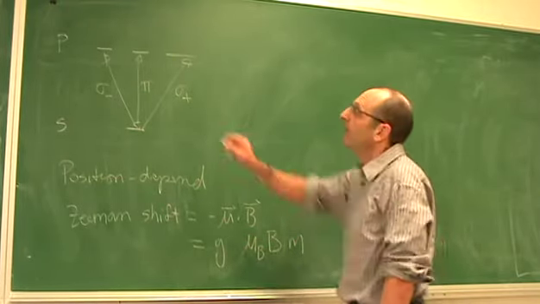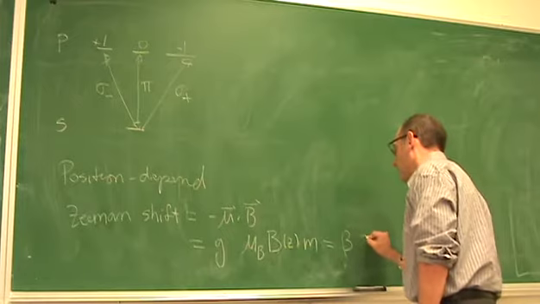Okay? In this case, for this simple picture of an S to P transition, we have 3 different values of M. And let's let this magnetic field be a function of position. We call it the Z direction. So I'm going to assume that there is a region of space in which this varies linearly.